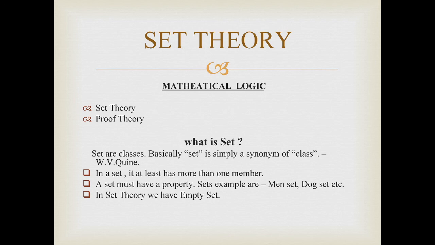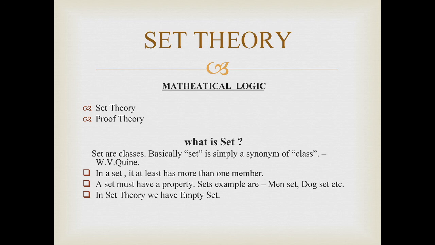The second feature is that a set must have a property. For example, the set of men has the property of manness, and likewise the dog set, etc. The third feature is that in set theory we also have an empty set. A set having just one member is not to be considered identical with that member.